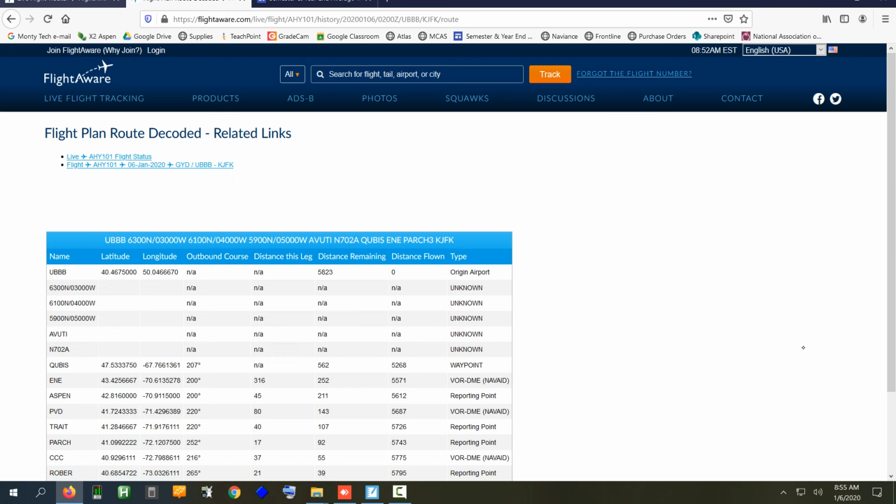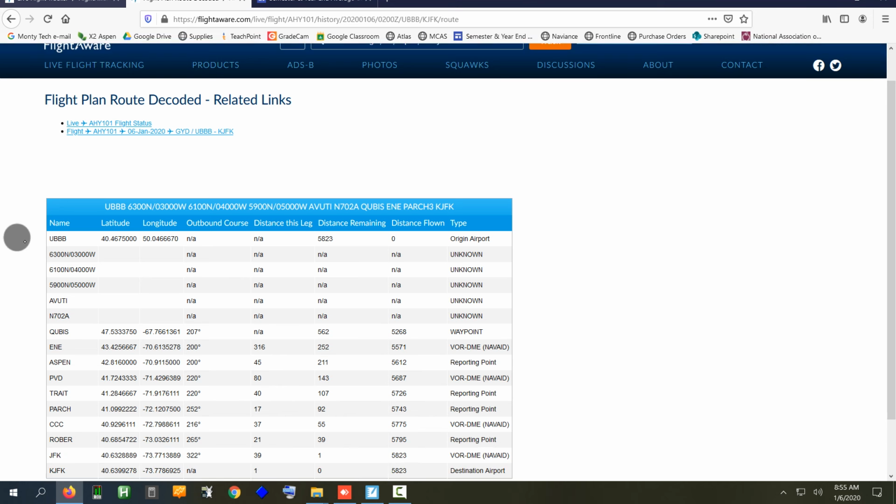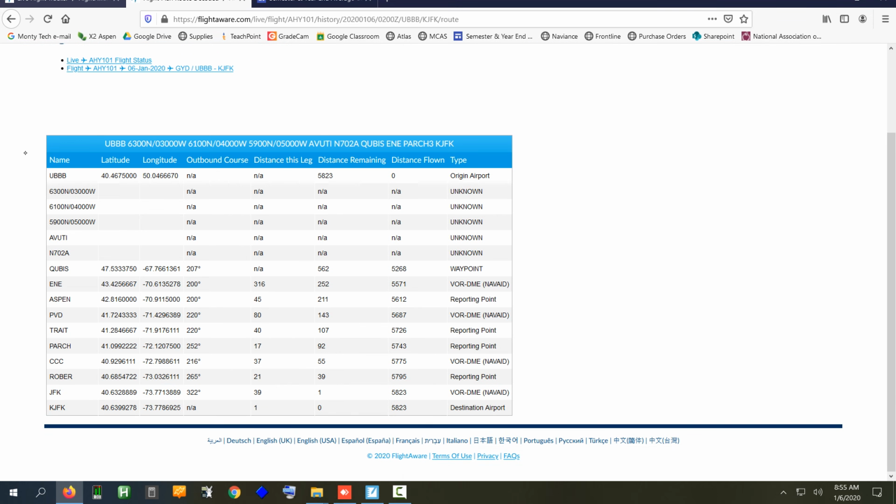Now it's a plane, so it might change direction a lot as it's flying, right? I'm not sure what all these names really mean, but you can see coordinates, and I don't know why some of them aren't showing up, but you can see compass headings here, 270 degrees, 200, 220, 216, 265.